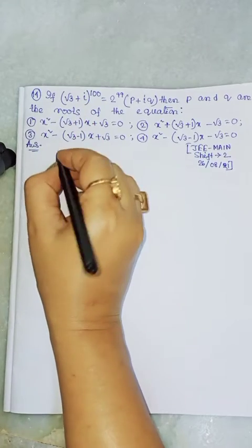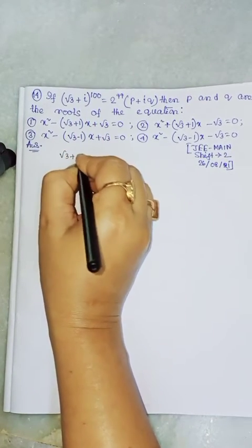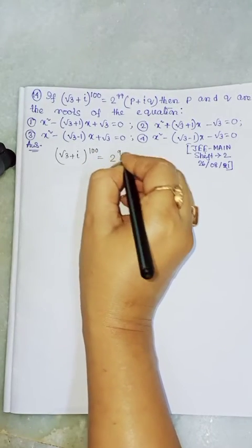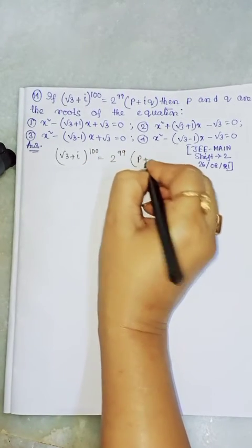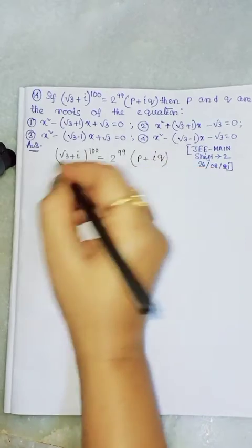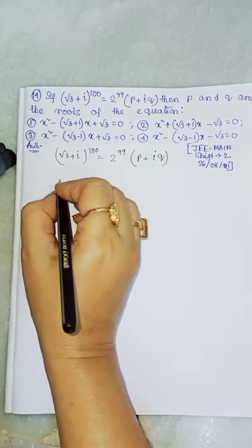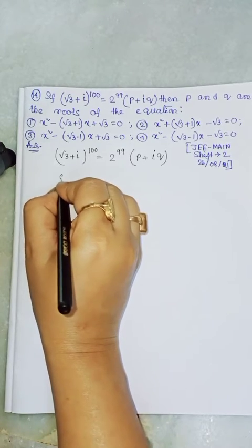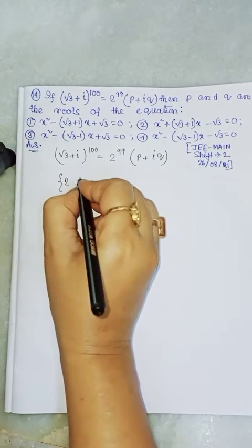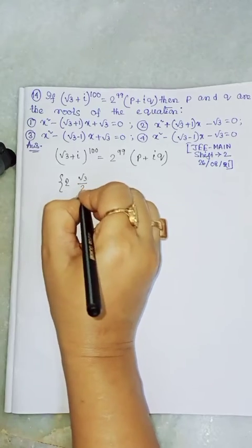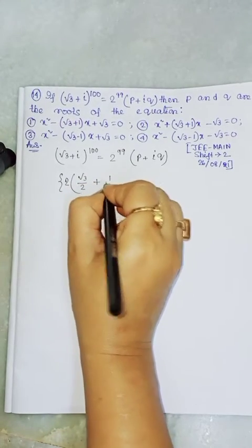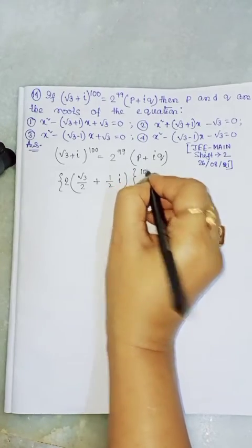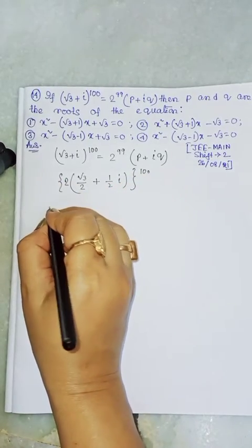So given that root 3 plus iota whole 100 is equal to 2 to the power 99 p plus iota q. So now we write that as 2 into root 3 by 2 plus half into iota, whole 100. So left hand side at first we do it.